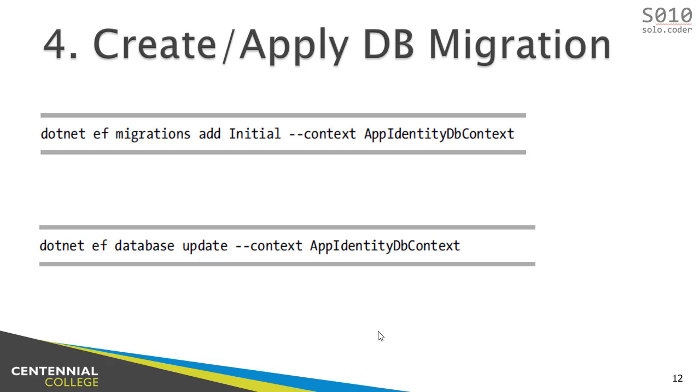So after we have 2 contexts, we have to add in our command line the parameter that says --context, and then I have to say what is the context that I'm running this command against, okay? The same applies to creating the migration scripts as well as to applying and creating the database. So we have this --context.